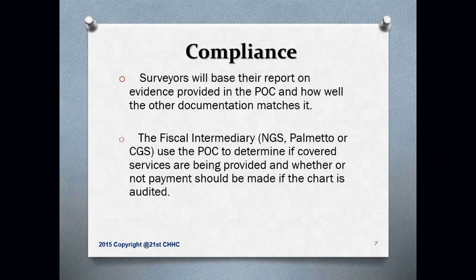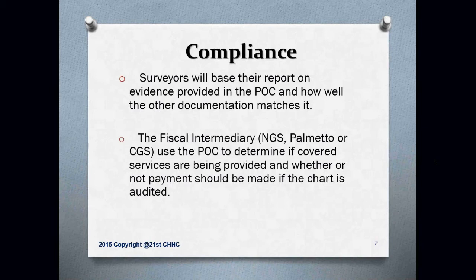During the survey, when the surveyor looks at the plan of care, they're going to base most of their report, if you get a plan of correction, on that plan of care and whether or not other documentation matches it and supports that you're following the plan of care. Remember, the plan of care is the physician orders, and so if the documentation doesn't show that you're meeting the physician orders, then you're going to be out of compliance.